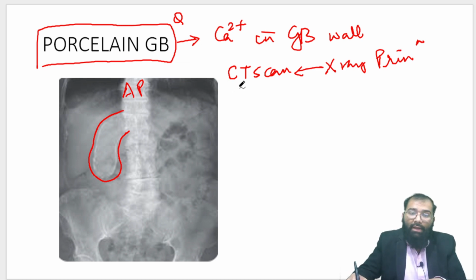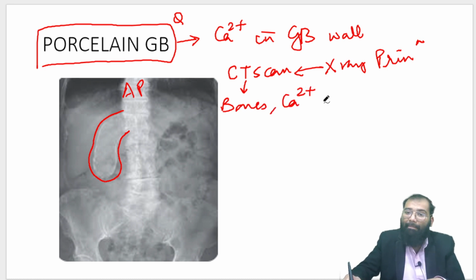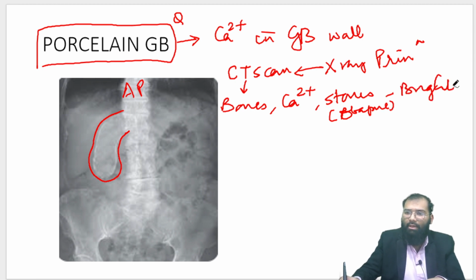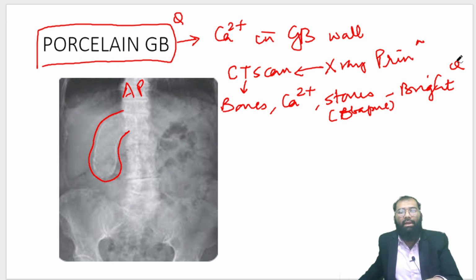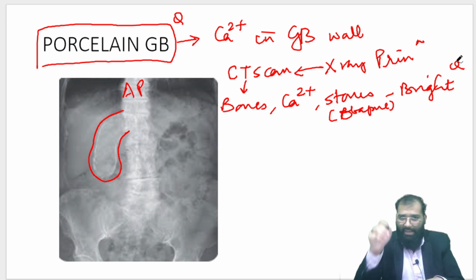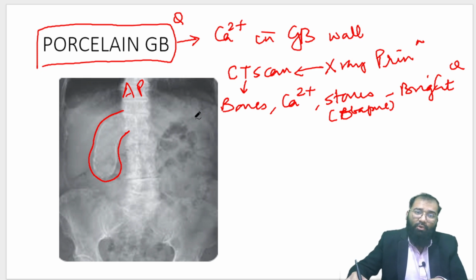So even on CT, bones, calcification, and radio opaque stones would be bright. These are important fundas when it comes to CT scan also. So even on CT scan, you will have the wall of gallbladder which is bright in case of porcelain GB.